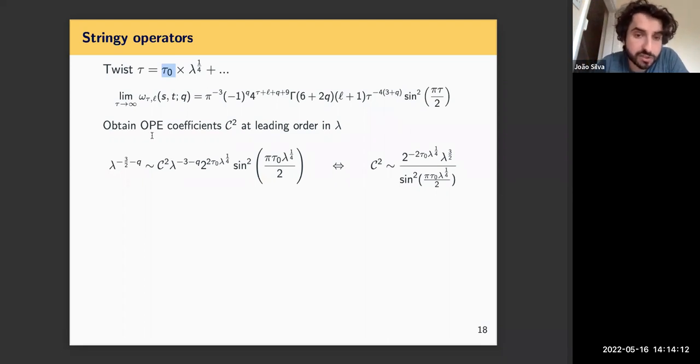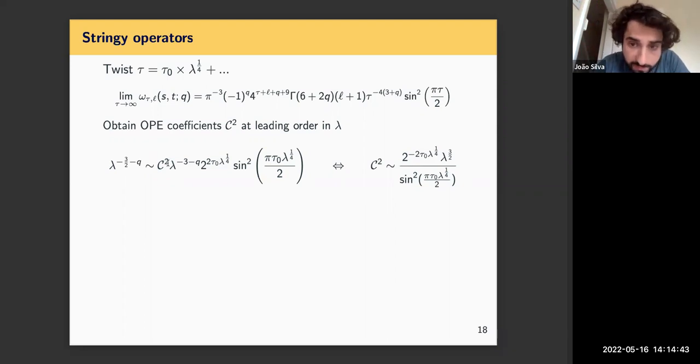Good. And so now we can learn something about the OPE coefficients of the string operators, because if you consider the OPE coefficient squared, c squared, times omega, then it behaves in the way that you see here. This is the right-hand side. And then the left-hand side must match the low twist operators that I mentioned before. And as I was mentioning, they start at order lambda to the power minus 3/2 minus q.